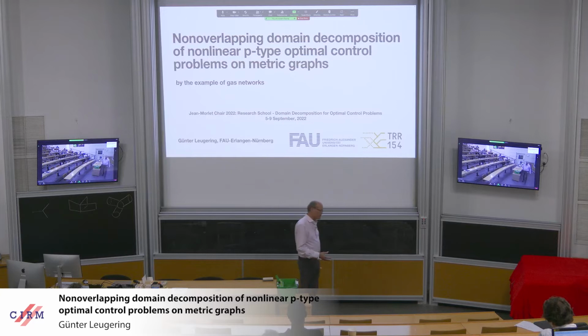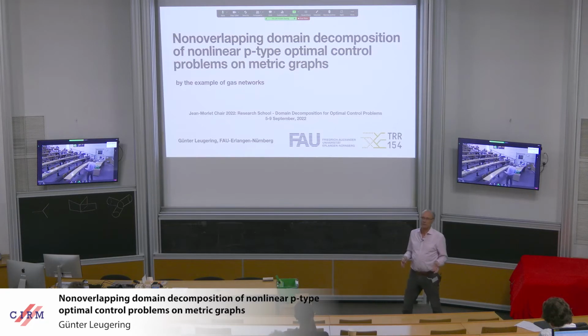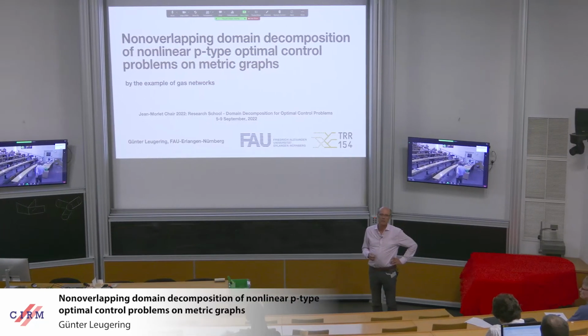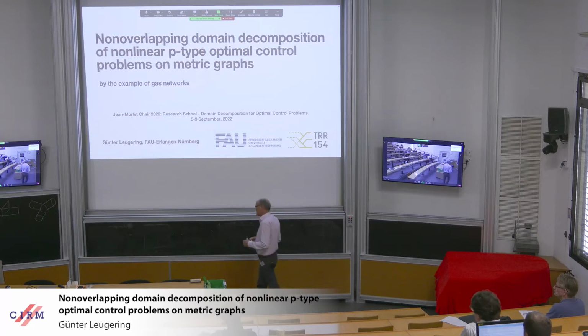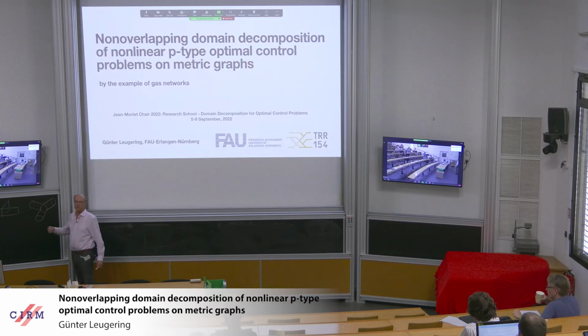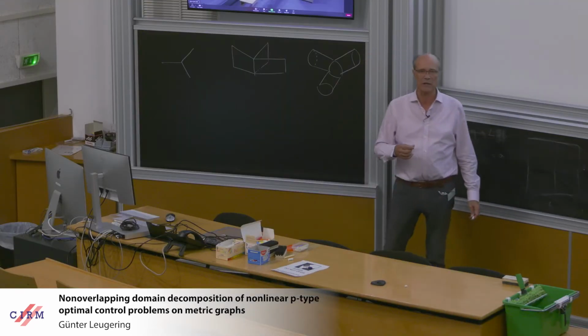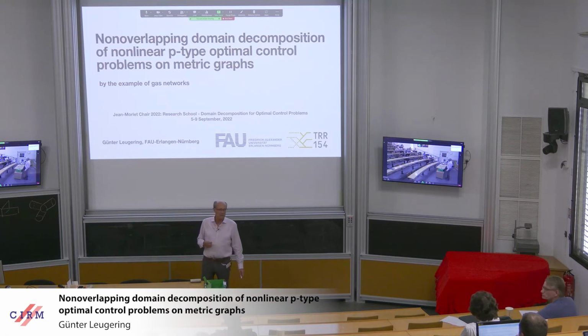An engineer, if he starts out doing gas, would think of gas that has turbulent flow, maybe in the neighborhood of valves and compressors. You have the same situation for blood flow, and you may know the work of Alfio Quarteroni and his group in Milan, or also in Lausanne in earlier times, where they considered dynamic equations, in particular the Navier-Stokes equation, Saint-Venant's equation, or water hammer equations in such networks.